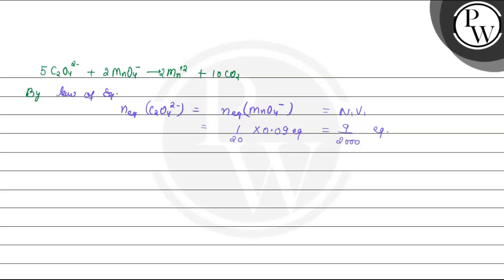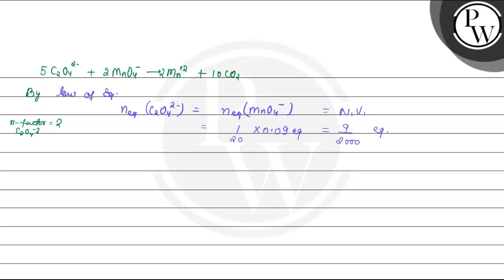Now if we talk about the n factor of C2O4 2 minus, it is actually 2.